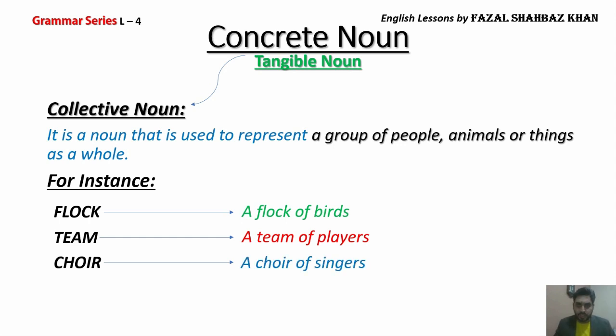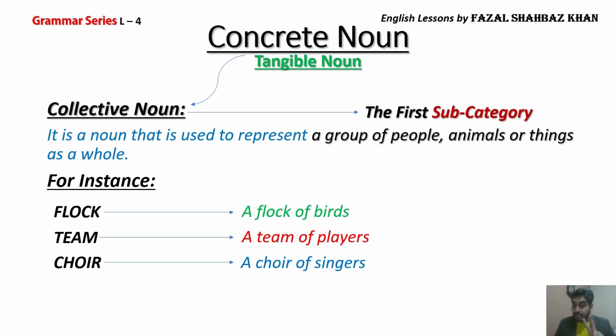There are so many more examples what can be given to you, like army, an army of soldiers, etc. So there are many more. The point is, collective noun gives you that single group name, what actually contains multiple other individuals within it. So that forms a group, or a group of people, or a group of animals or things, as you can see. So that's one, not to forget. That is the first subcategory of concrete noun.